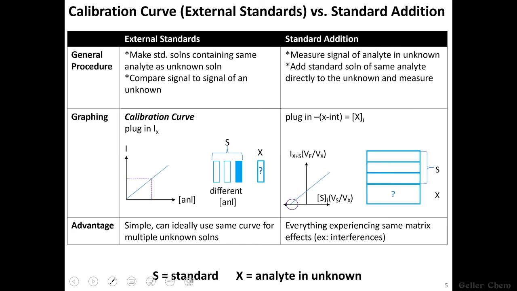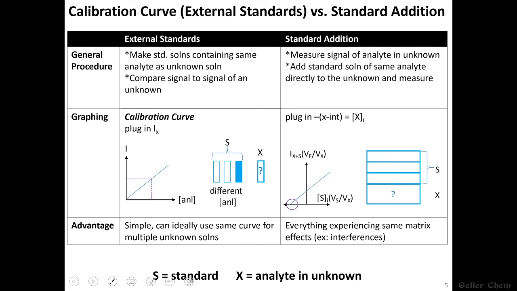We are instead solving for the x-intercept, which is guaranteed to be negative, and then we take the negative of that value to get a positive answer, and that winds up being our concentration of the unknown. The advantage of this method is that now everything experiences the same matrix effects, i.e. interferences, and we already discussed that earlier.